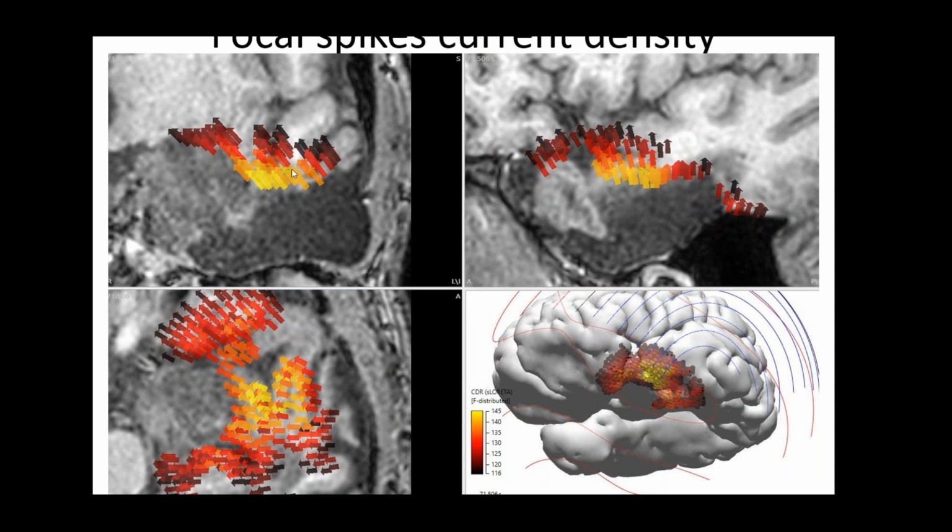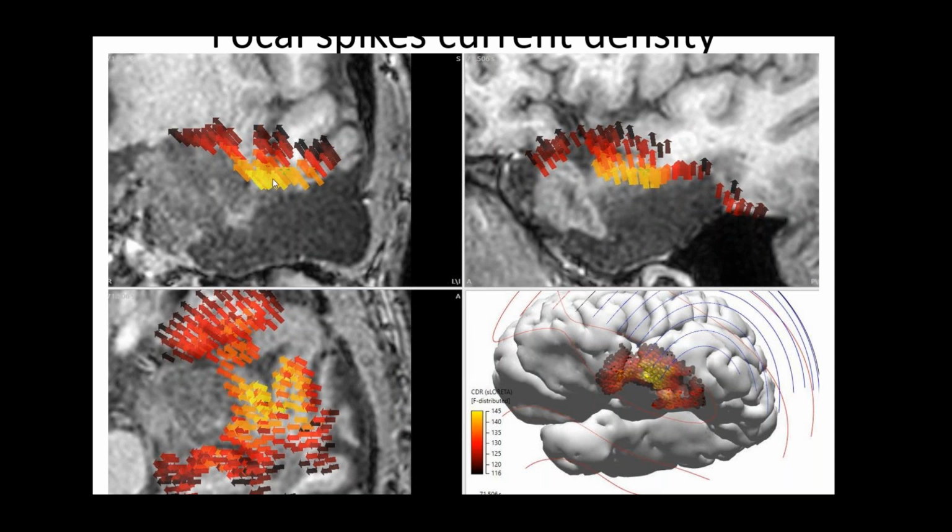What you see in yellow is color coded here: yellow means the higher density of dipoles generated, and black would be the less dense. So the higher activity is in yellow. And as you see, this patient had a prior lesion in the temporal lobe.